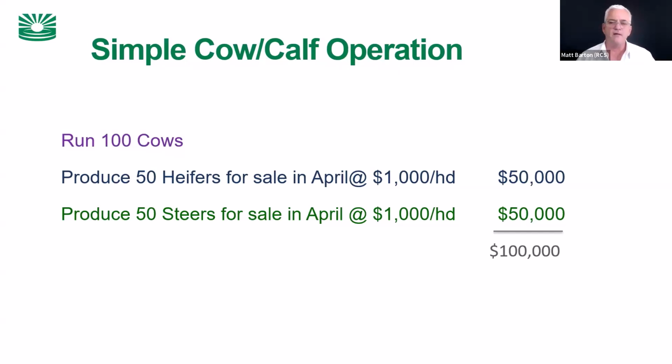What happens if instead of selling them in April, I reckon I'm coming into a pretty good winter, and we decide to keep those heifers and we put weight on them? We might even look to, if the season continues, join them and sell them as PTIC or as cows with calves at foot.